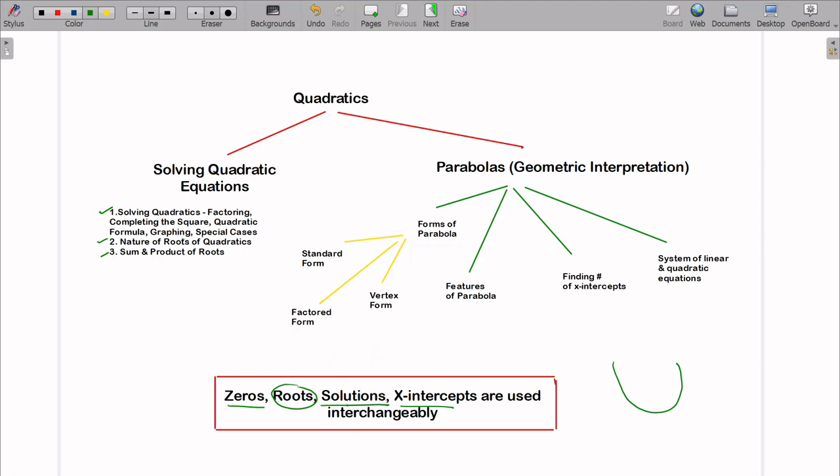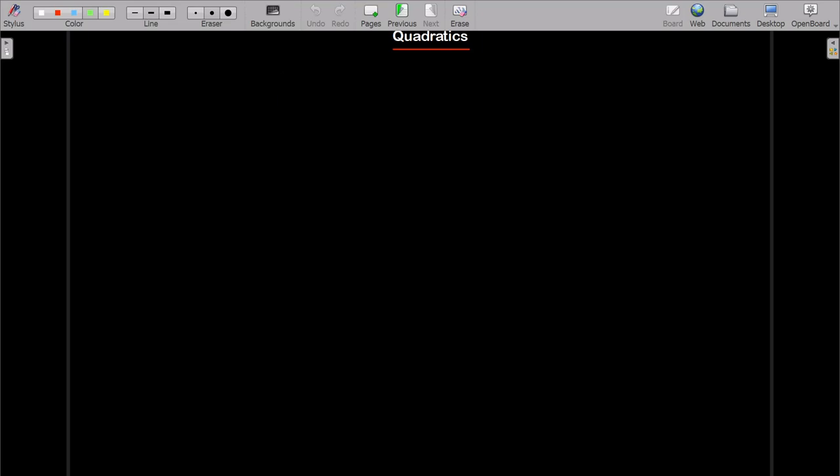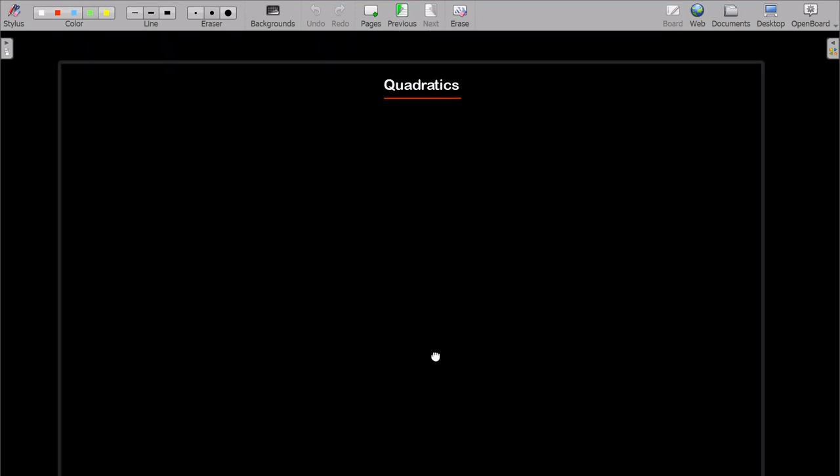I'll tell you the 3 notations for quadratics now. Okay, let's get started. Quadratics. First of all, the 3 notations. The first notation is ax squared plus bx plus c is equal to 0. This is called the equation notation.